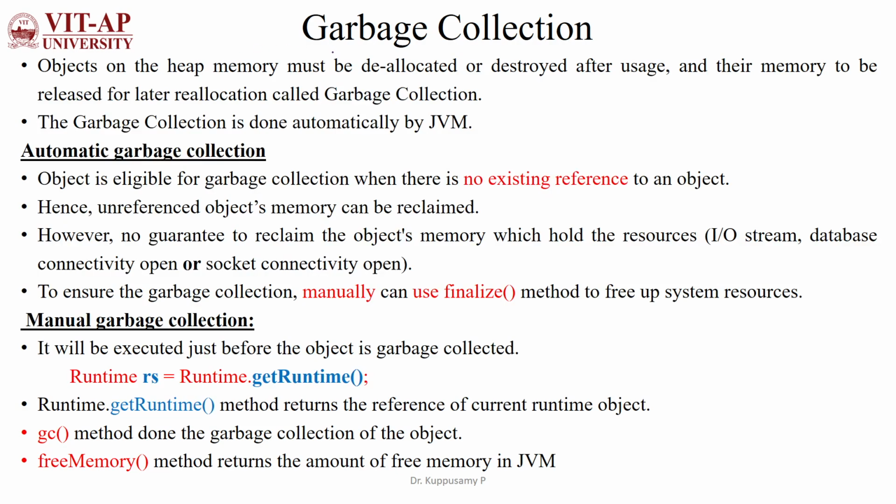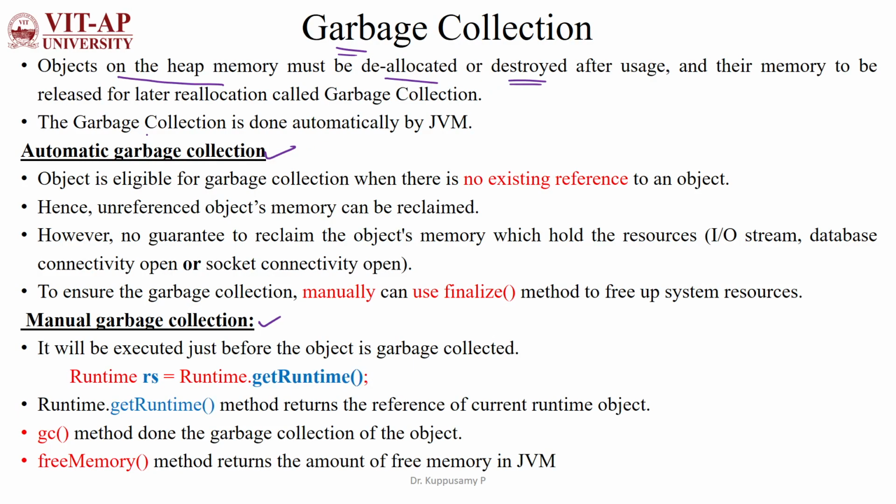So here the garbage can be collected by using two methods. One is automatic garbage collection and another one is manual garbage collection. When the objects on the heap memory are not used, at that time we have to deallocate or destroy the memory locations allotted to that object.